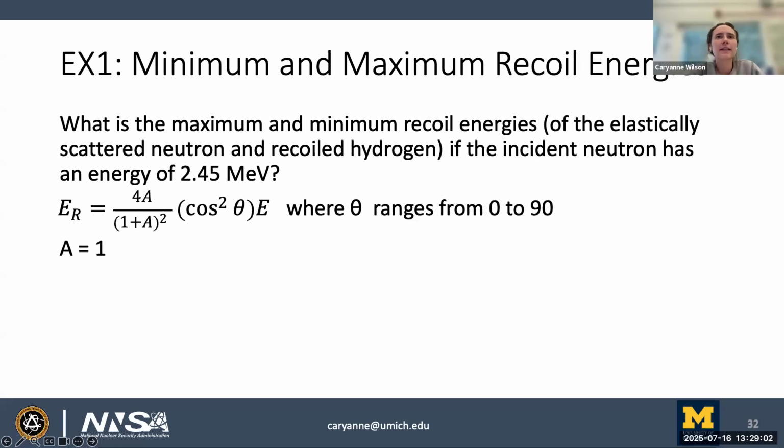Here's an example question: what are the maximum and minimum recoil energies off of hydrogen if the incident neutron has an energy of 2.45 MeV?